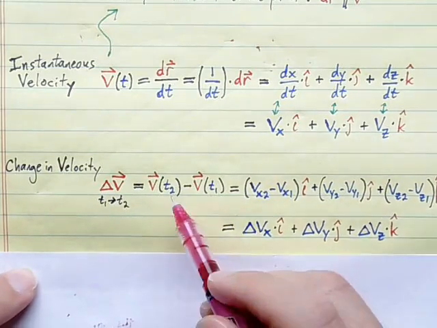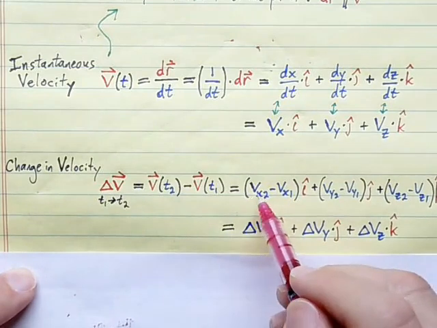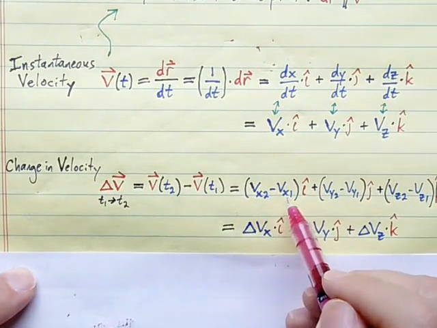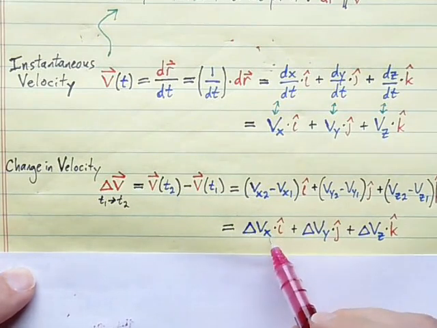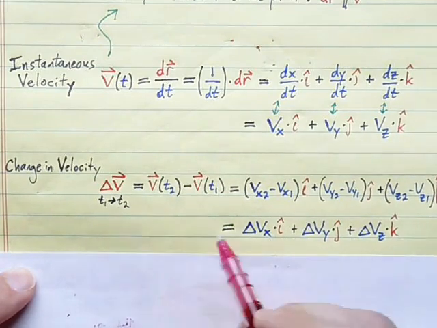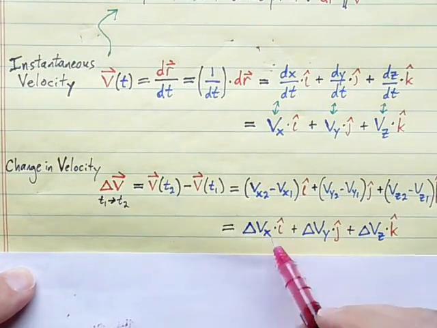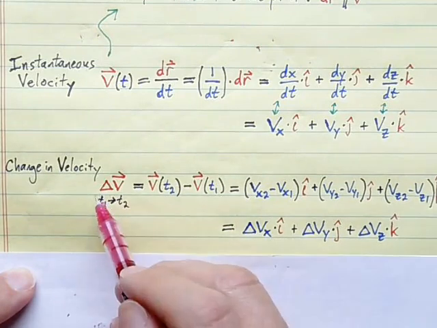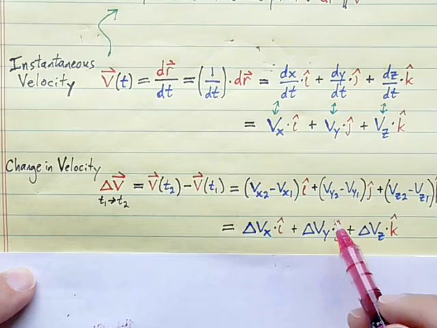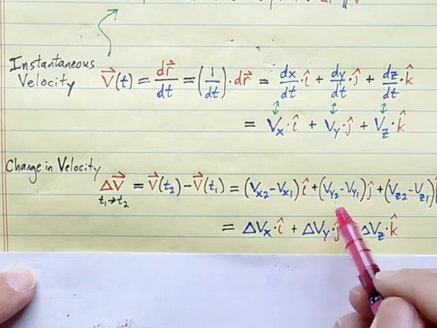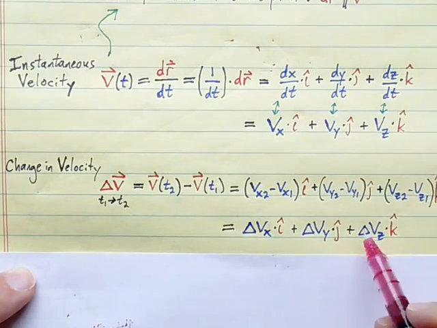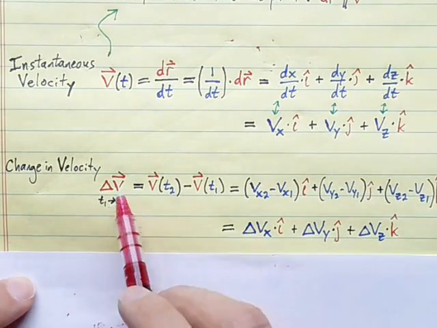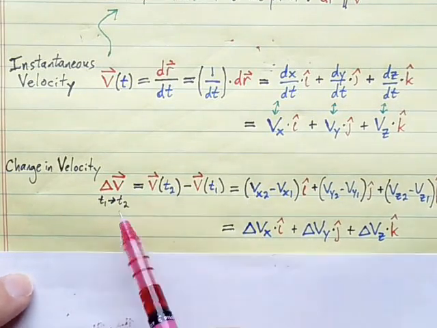That will be given by the x component of velocity at time 2 minus the x component of velocity at time 1, or the change in the x component of the velocity from time 1 to time 2. That will be the x component of the delta v. And likewise for the change in the y component and the change in the z component of the velocity. So that's our delta v vector, the change in velocity from one moment to another.